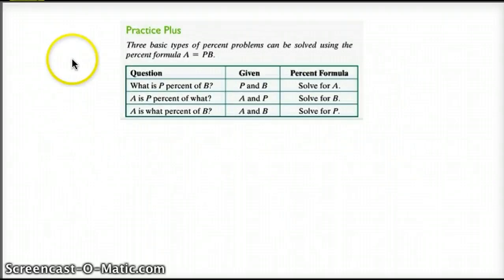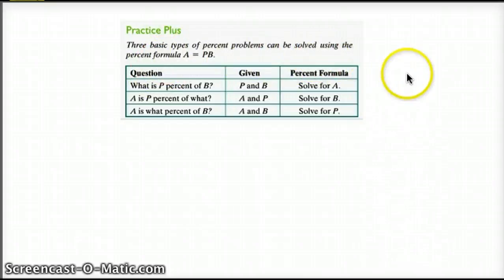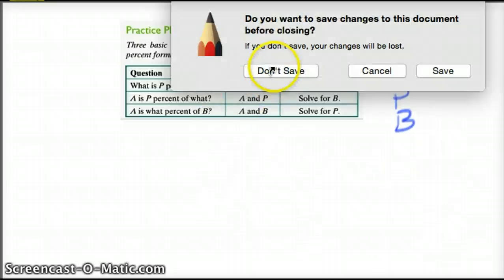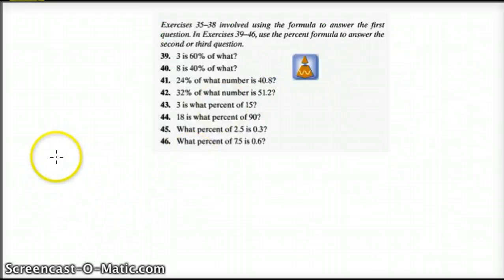Okay, let's look at this next item right here. 3 basic types of percent problems can be solved using the percent formula. See, we can solve for A, or we can solve for P, or we can solve for B using that formula. So that's an important idea right there. All right, so if that's true, how would we answer some of these questions?